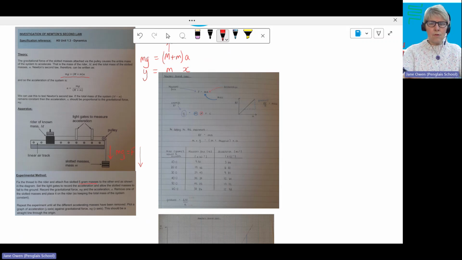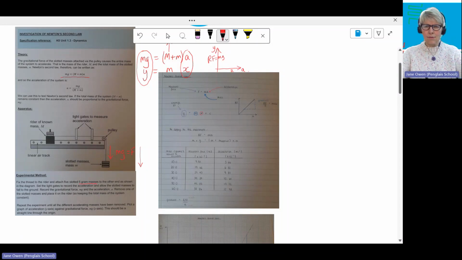where we are going to change the resultant force acting on the trolley, and we are going to measure our acceleration. So the easiest thing here would be to plot a graph of resultant force equals mg against x, which is our acceleration. So that's our x-axis, that's our y-axis, because we've related that equation to y equals mx.